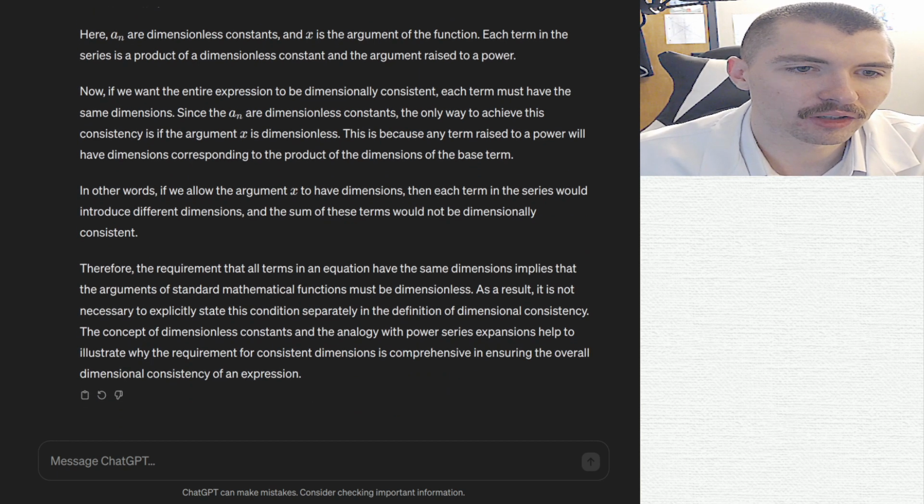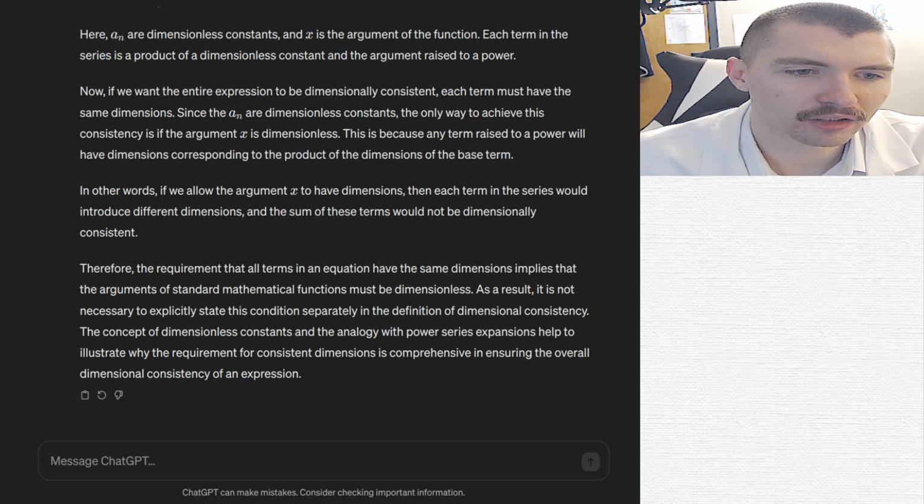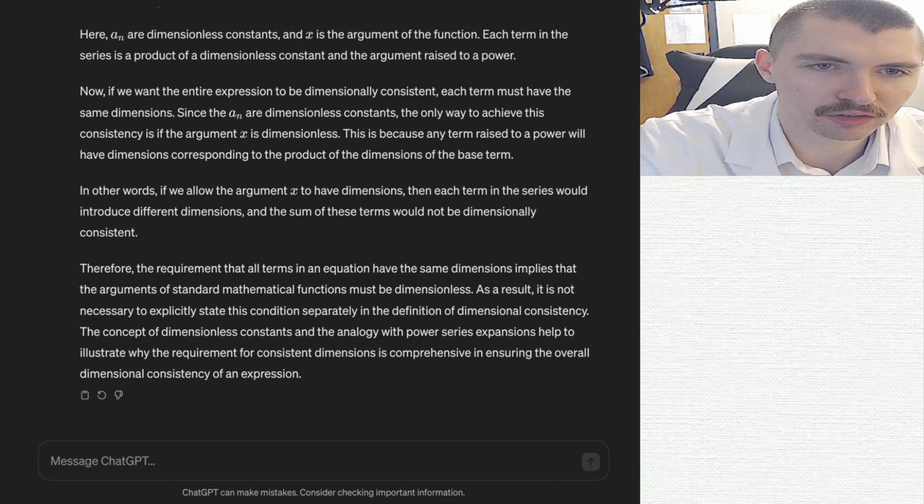Therefore, the requirement that all terms in the equation have the same dimension implies that the arguments of standard mathematical functions must be dimensionless. As a result, it is not necessary to explicitly state this condition separately in the definition of dimensional consistency. The concept of dimensionless constants, in the analogy of power series, helps to illustrate why the requirement for consistent dimensions is comprehensive in ensuring the overall dimensional consistency of an expression.